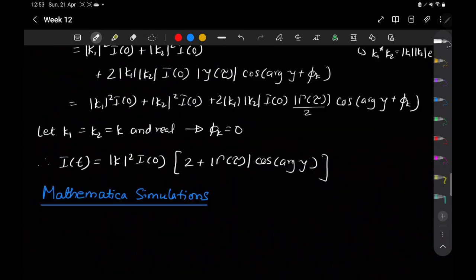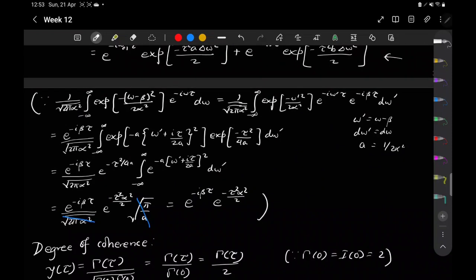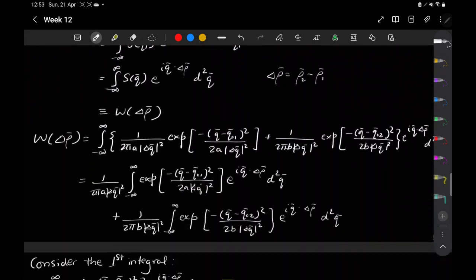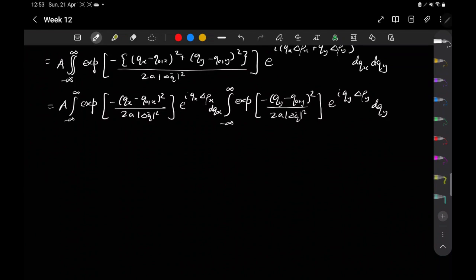And this is from the time frequency analysis that we did earlier. From here we will just take the results, from the analogy.